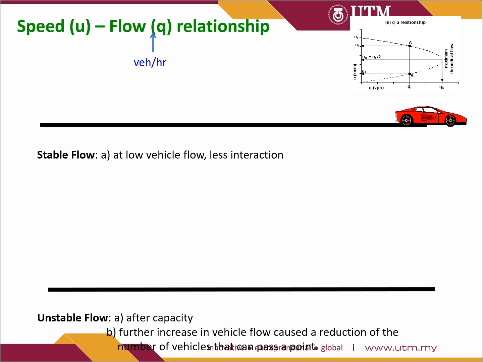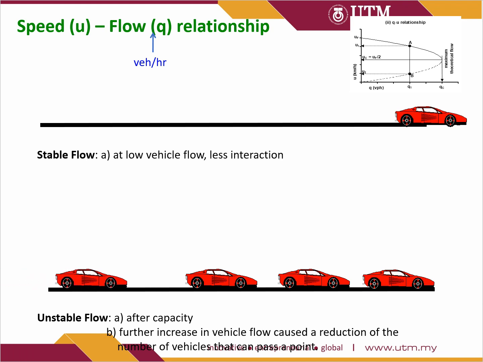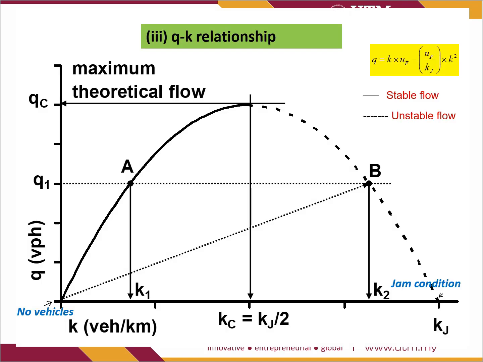So the cars passing by one checkpoint, or passing by your car, decrease in speed itself, because there are too many cars in front, so there's no space for the other cars to pass by your car. And the last relationship will be the flow rate versus density relationship. The formula will be Q equals K times Uf minus Uf over Kj times K squared.